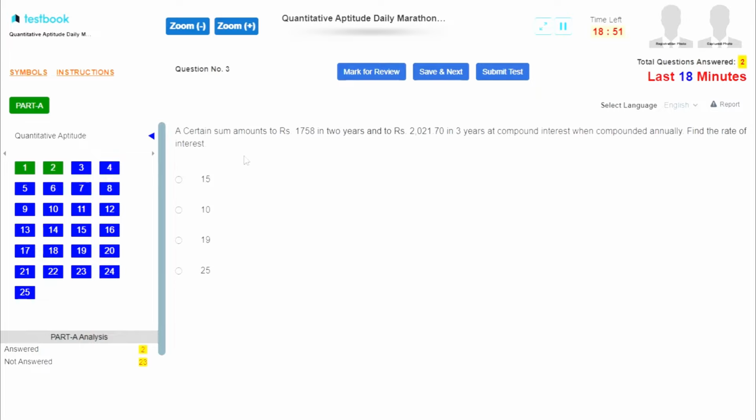A certain sum amounts to Rs 1758 in 2 years and to Rs 2021 in 3 years, compounded annually. Find the rate of interest. So in 2 years 1758, in 3 years 2021.